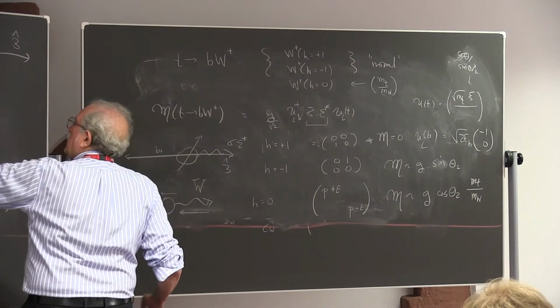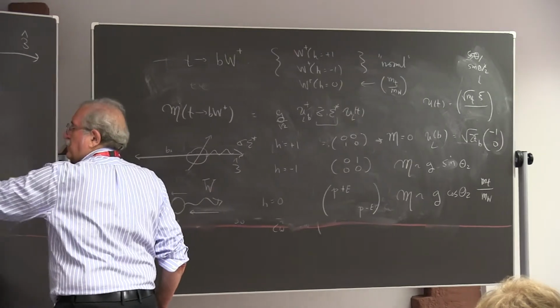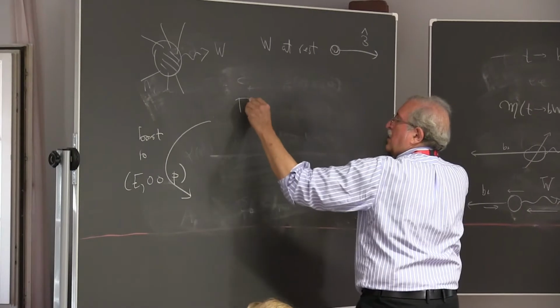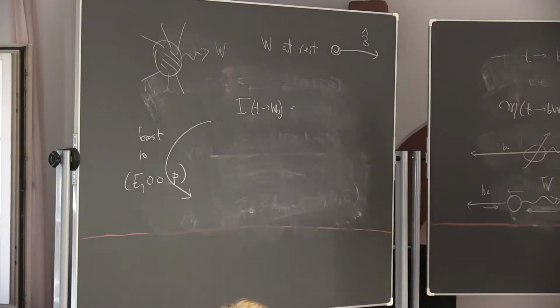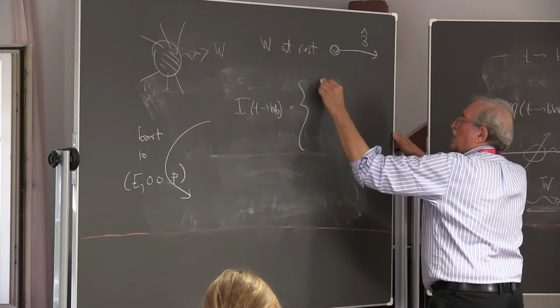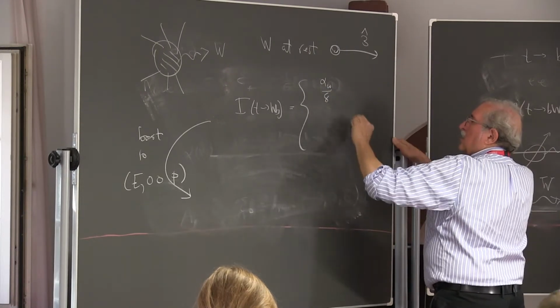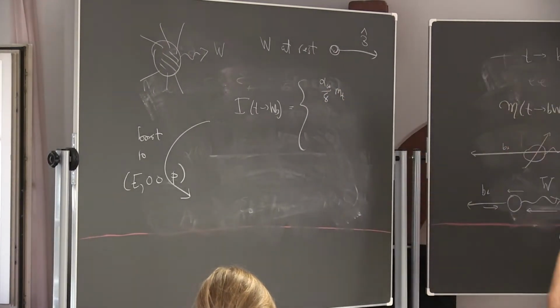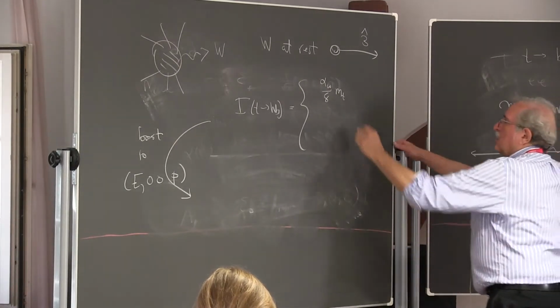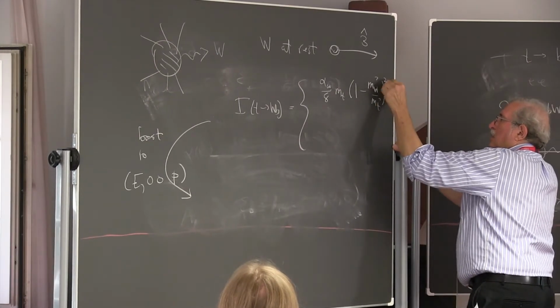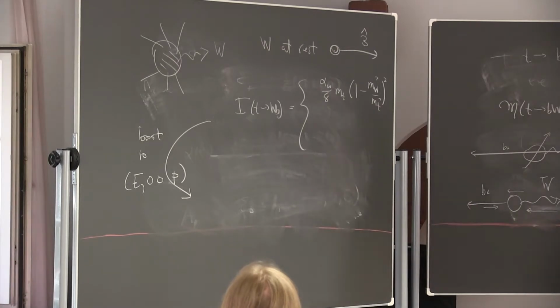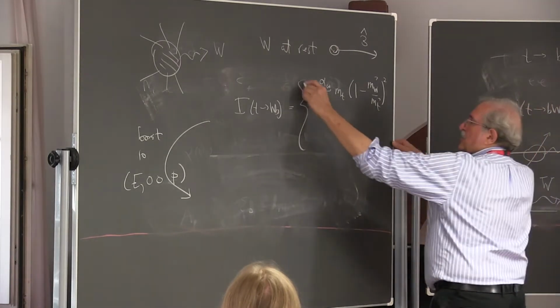Maybe I can get rid of these now. Gamma of t goes to bw is equal to alpha weak over 8 mt times the 1 minus mw squared over mt squared for the w helicity minus.